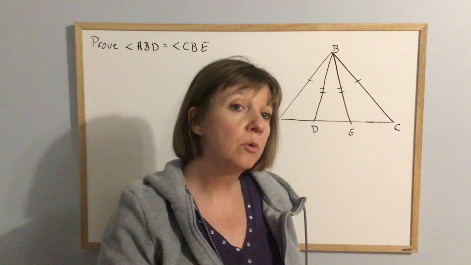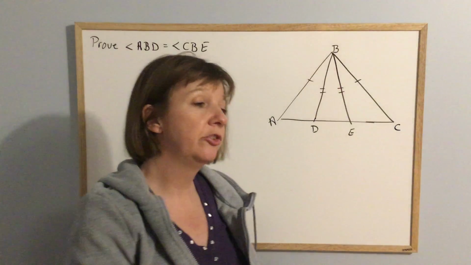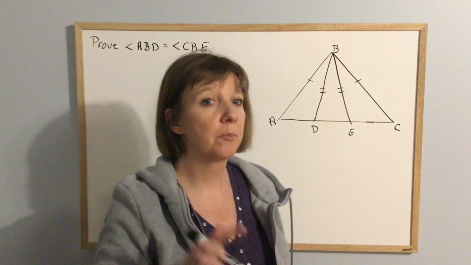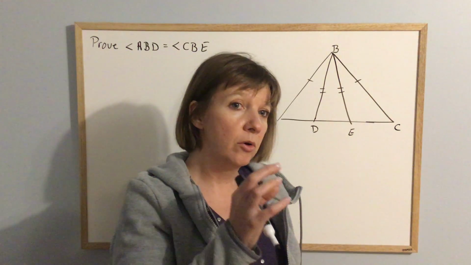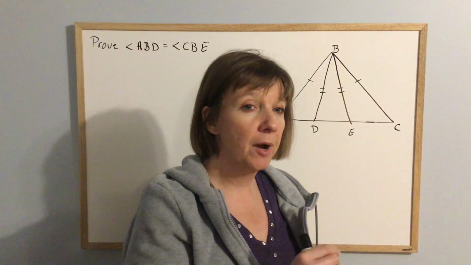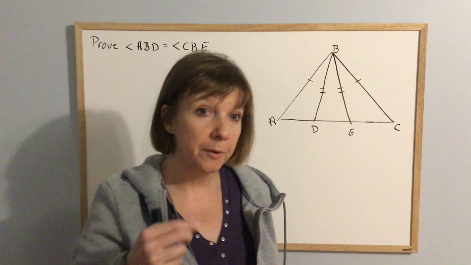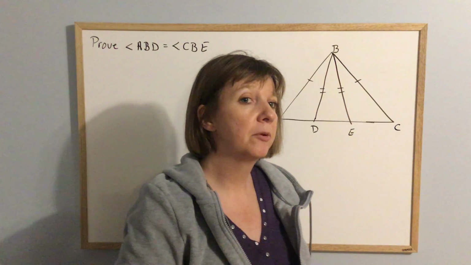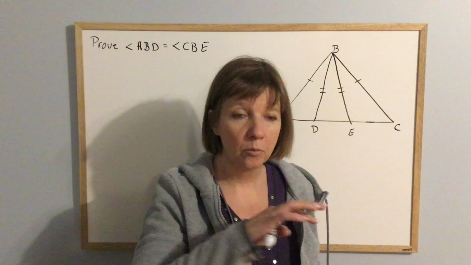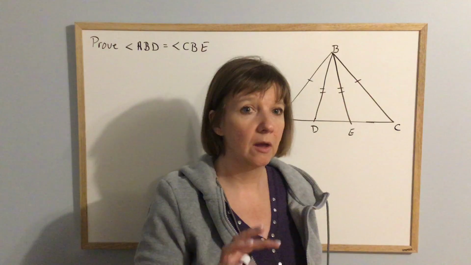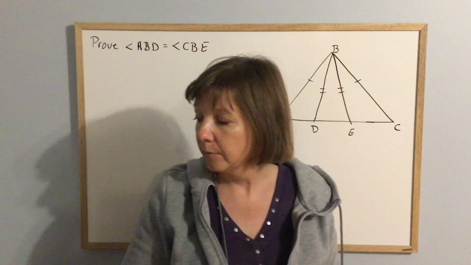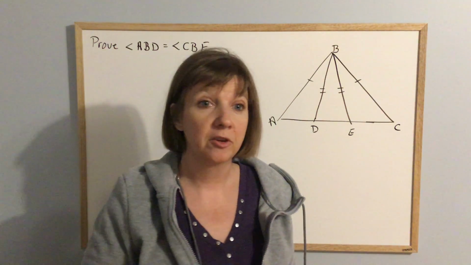I am never going to have you do a geometric proof right from scratch. I will fill in part of the proof, and there will be blanks that you will have to fill in, but you will never have to give one right from the start. And we're going to do them right from the start here.